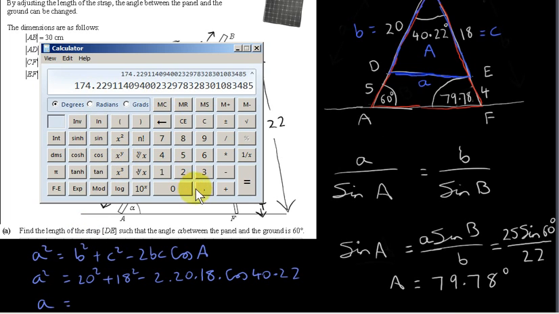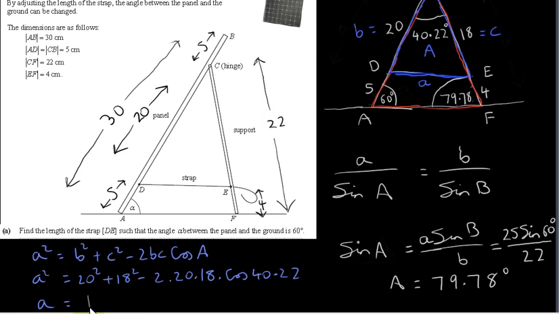So if I put this to the power of a half, we get 13.199. Now I will write this down to 1 decimal place. Actually, it's equivalent to writing it down to 3 significant figures, so 13.2 is very accurate. And distances are in centimeters.